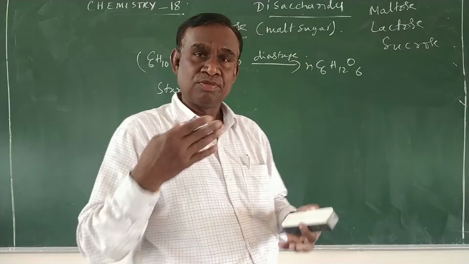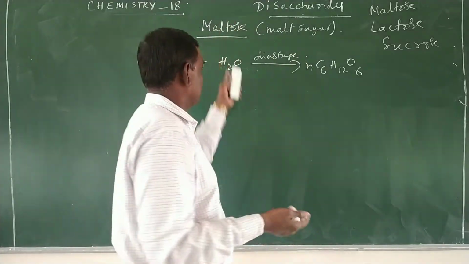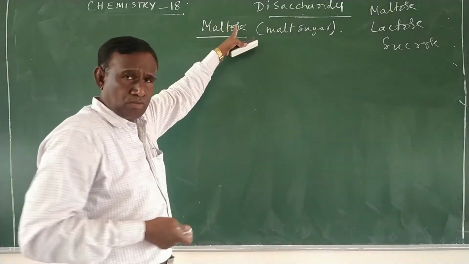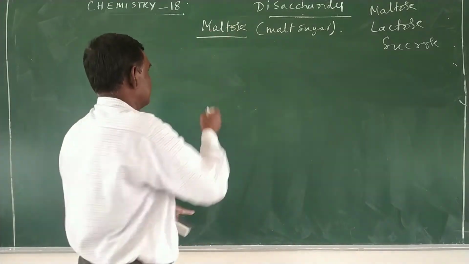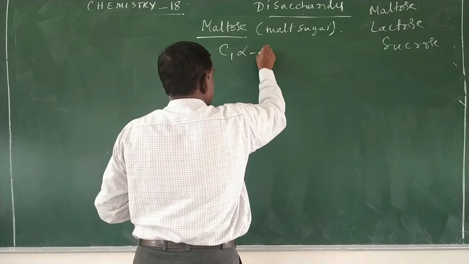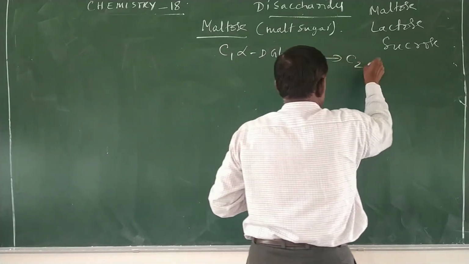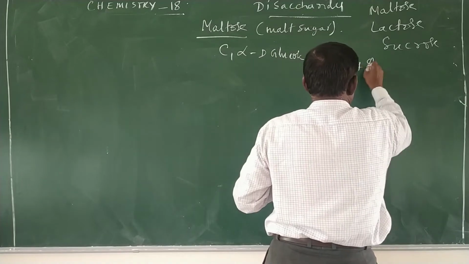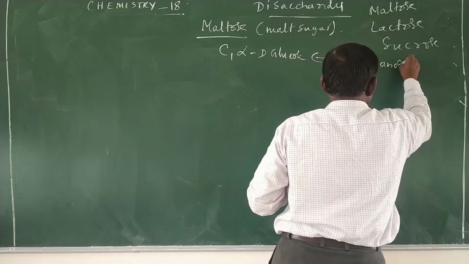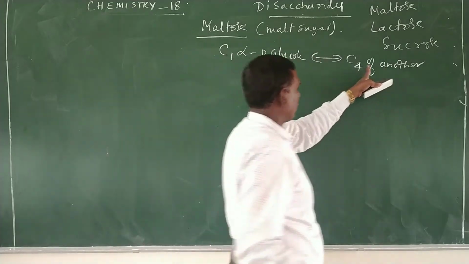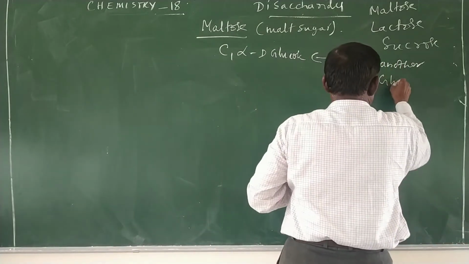That is called the what? Glycosidic linkage. I am going to write the structure for maltose here. Maltose is obtained by the condensation of C1 of alpha D glucose linked with C4 of another alpha D glucose.